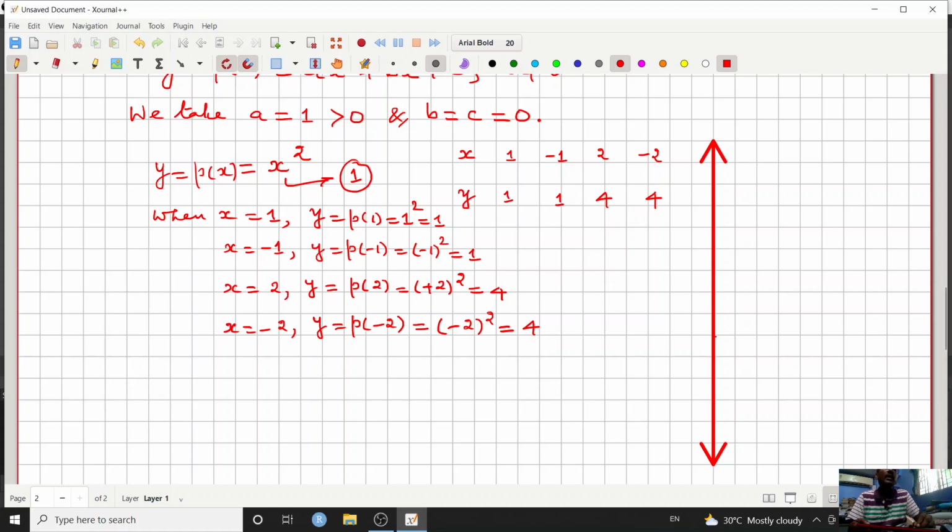Let us take x-axis, y-axis here. So this is the y-axis, and let us take the x-axis to be on this line, and the negative x-axis is on this line.